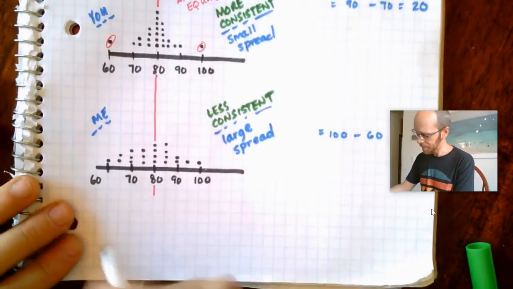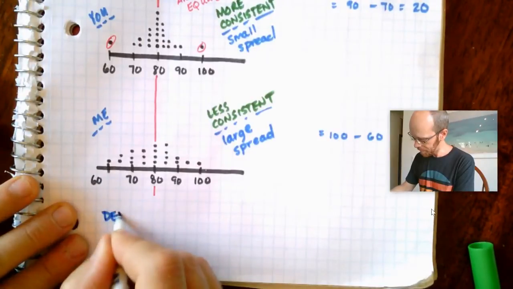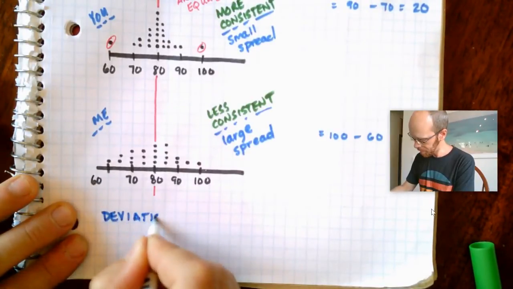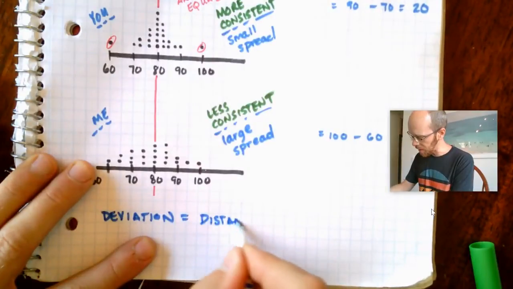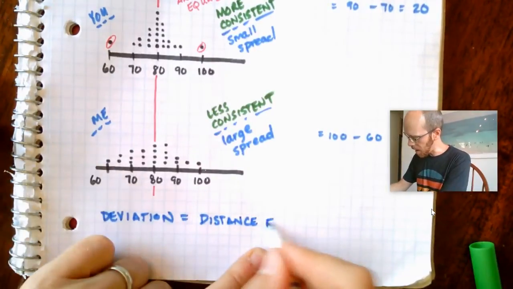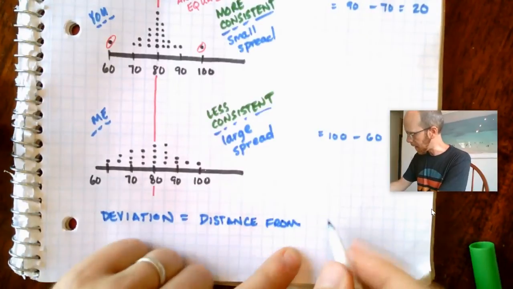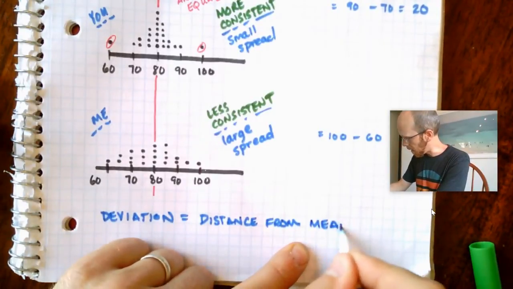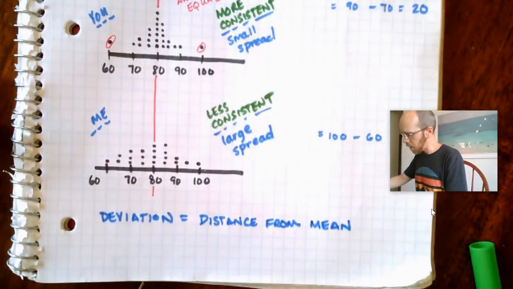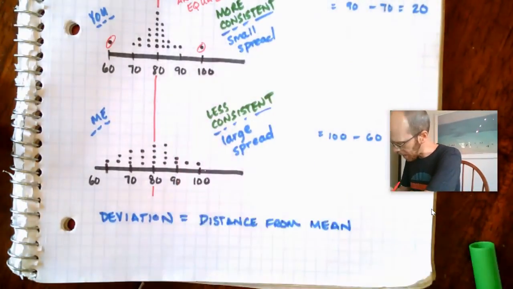Here's what a deviation is. A deviation is equal to a value's distance from the center, or in other words, distance from the mean. So I'll use my data as an example here.